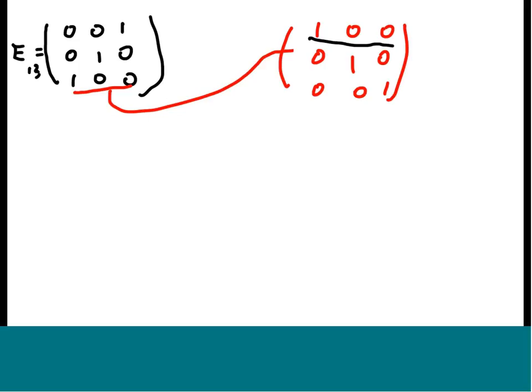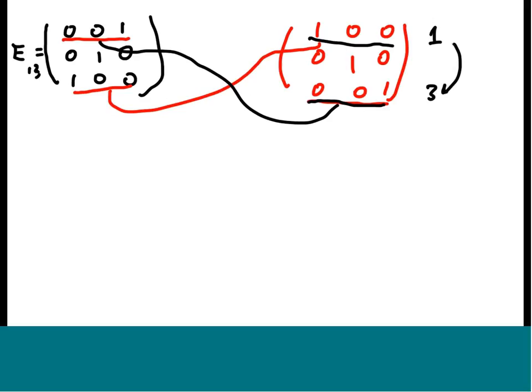Originally that is the identity, 1, 0, 0; 0, 1, 0; 0, 0, 1. Then you switch the first row and the third row. This is the idea.